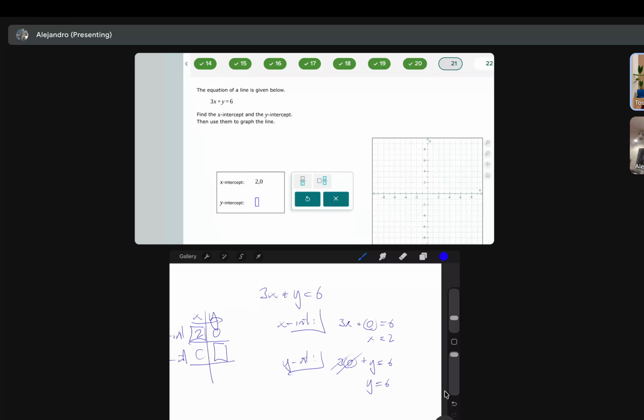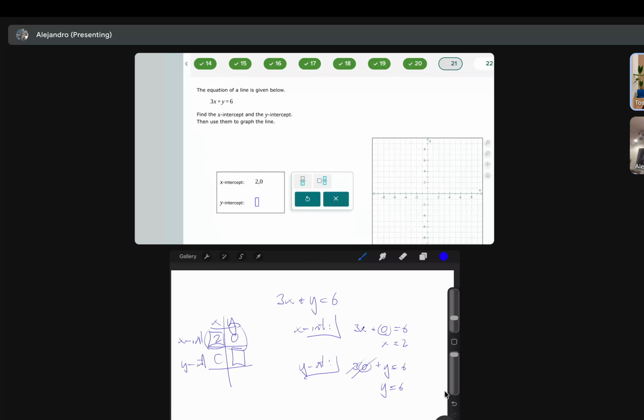Oh, can I ask? The last one, I didn't pay attention. Did you parenthesize or just put in the numbers for the x and y intercept? It's a coordinate, right? So you gotta parenthesize that. Parenthesis 2 comma 0, and then 0 comma 6.